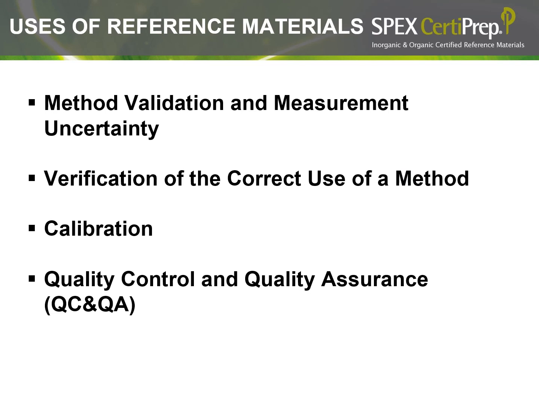So basically class, reference materials are used for method validation and measurement of uncertainty, verification of the correct use of a method, for calibration, and quality control and quality assurance procedures. So basically class, we can verify our results. We can verify whether the developed method is accurate or not by using the reference material.